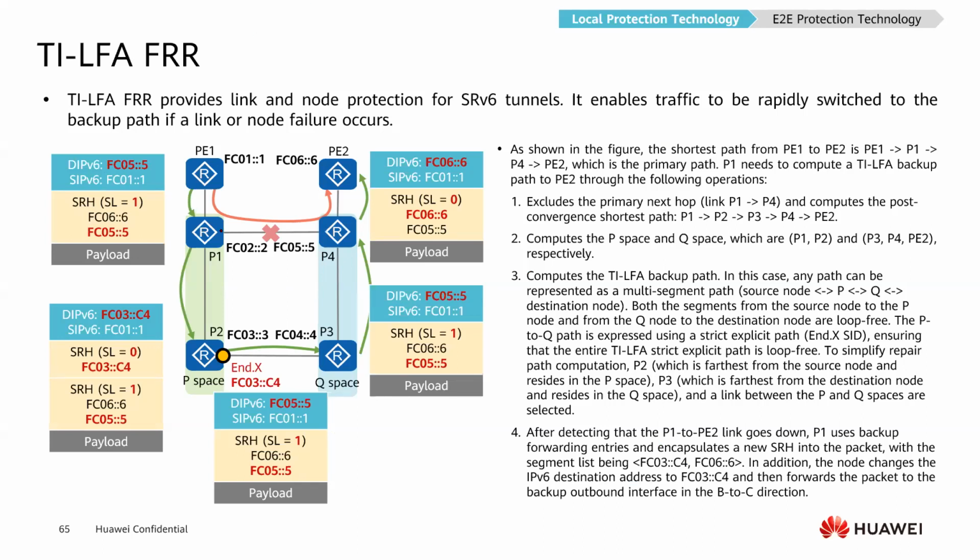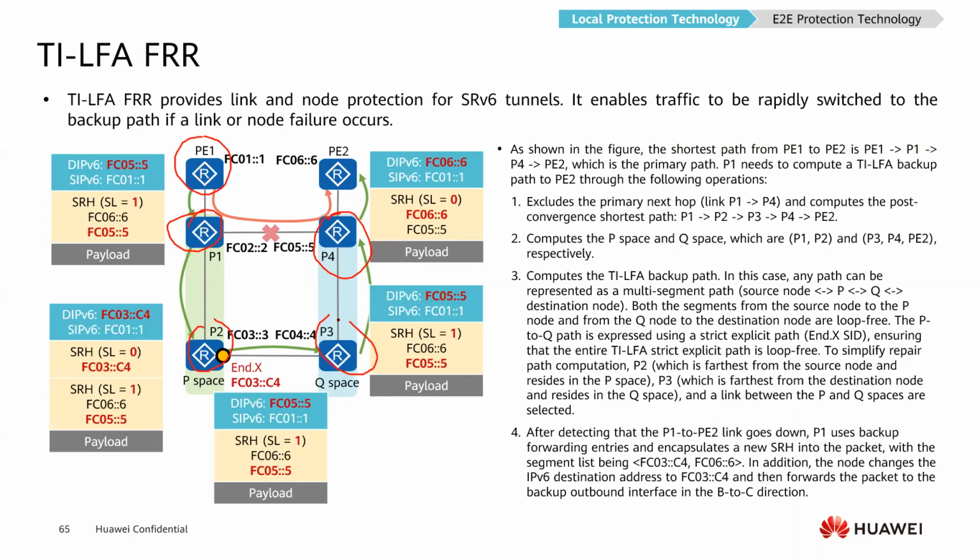Look at this. For example, in this topology, for PE, the P space is only P1 and P2. The Q space is only P4 and P3, which means the P space and Q space do not overlap with each other.